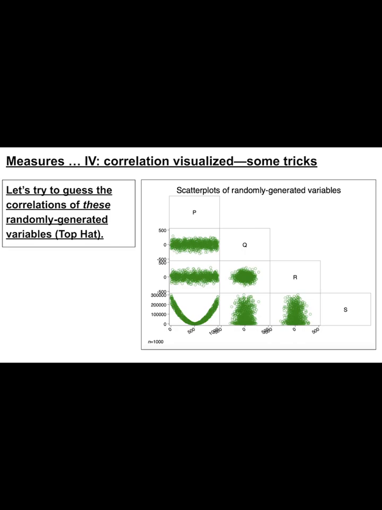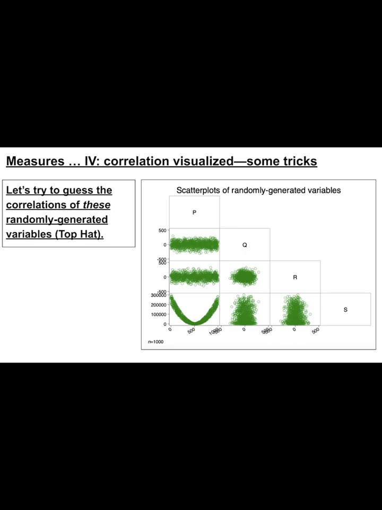And the hardest one of these is the relationship between P and S. Note that that is a very small correlation coefficient because, as we'll see in a little bit when you actually think about the correlation formula, it works by taking the product of deviations from means.